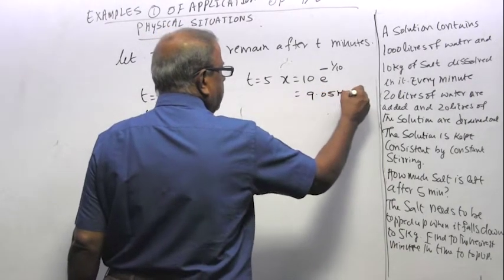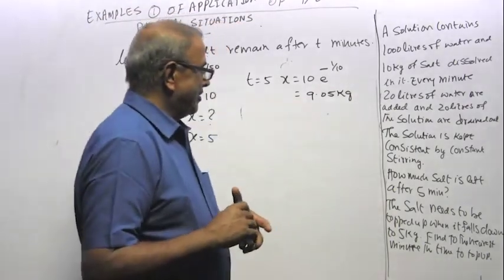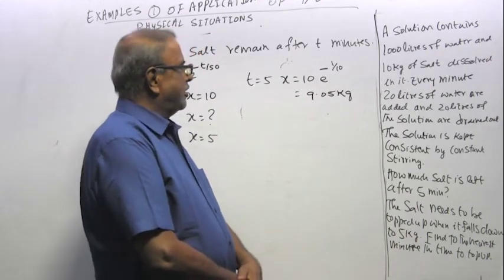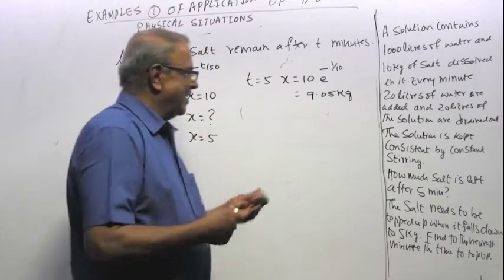So after 5 minutes, you've almost removed 1 kilo. So common sense tells you, okay, so 1 kilo, so you want 5 kilos out. So about 45 minutes. Think carefully.